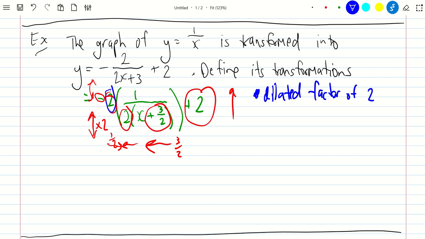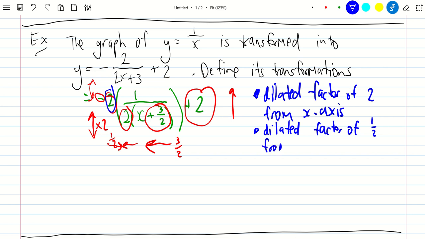What I like to say is from the x-axis, so from the x-axis it's getting stretched up and down. What's the other dilation that's happening here? It's also dilated by a factor of a half, from the y-axis.